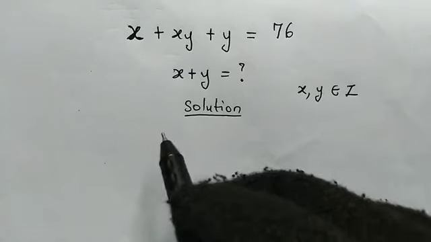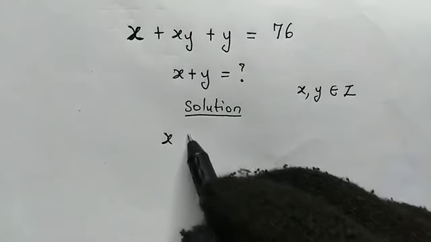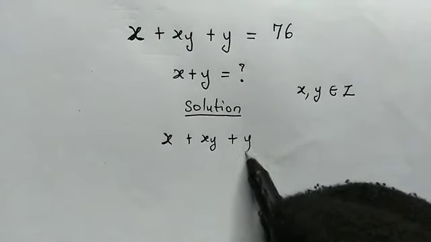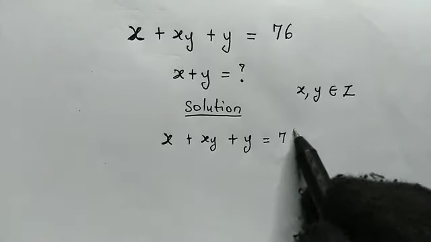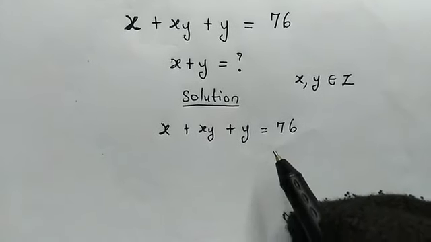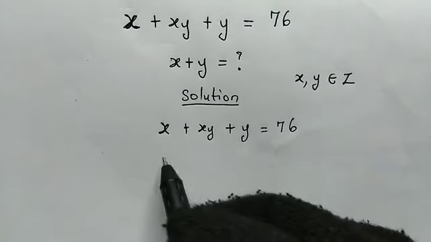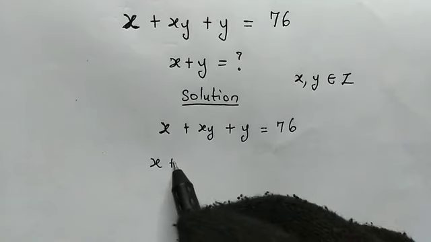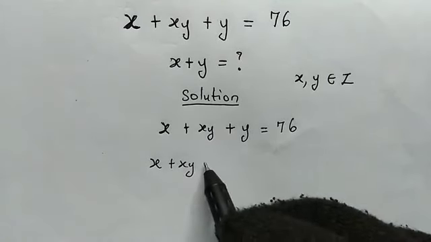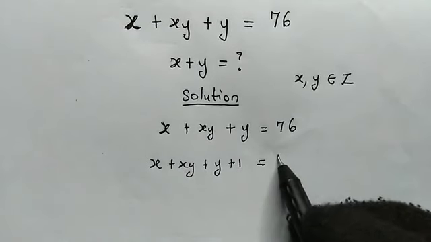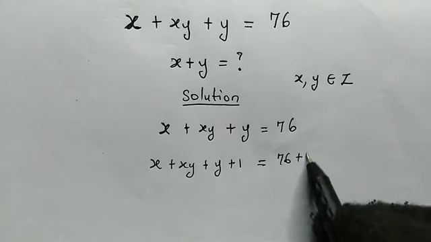Now from the given equation, we have x plus xy plus y equal to 76. Let's add 1 to both sides of this equation. So we have x plus xy plus y plus 1 equal to 76 plus 1.